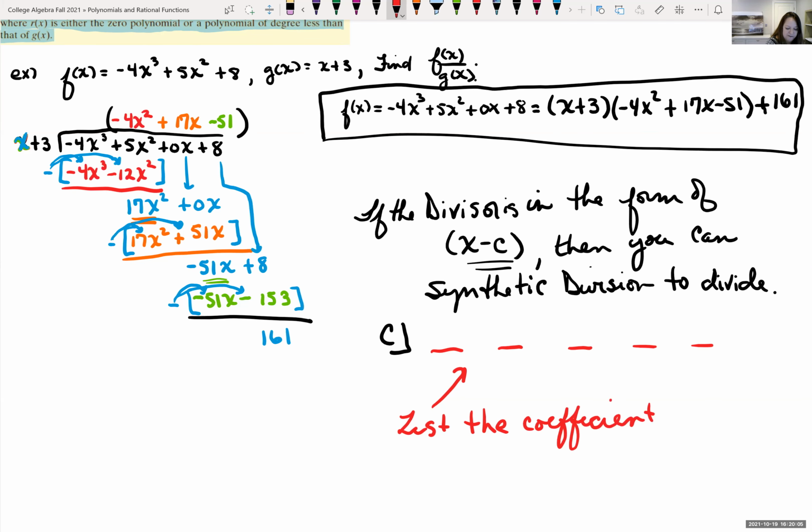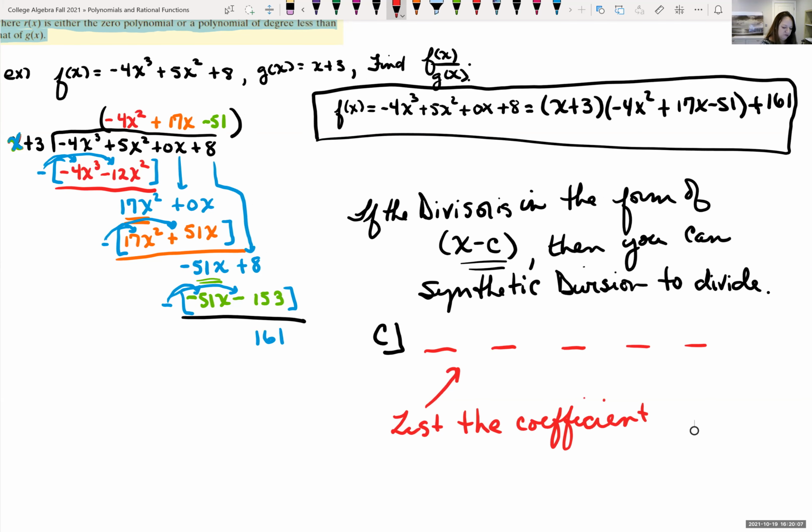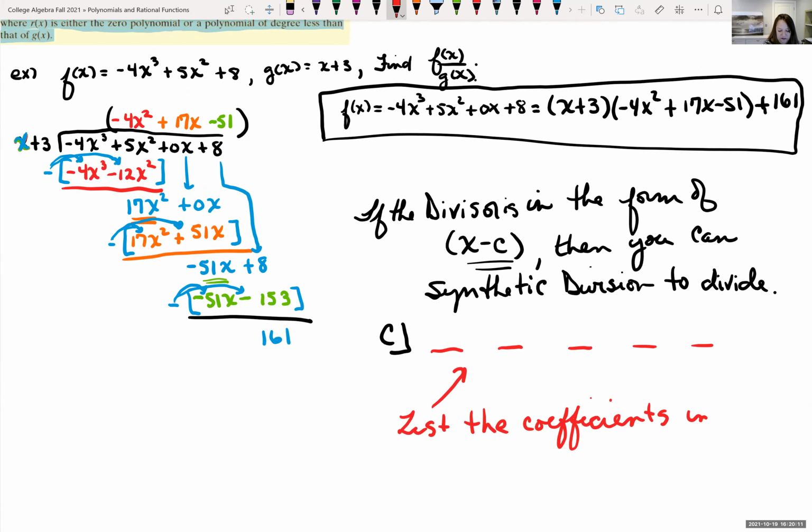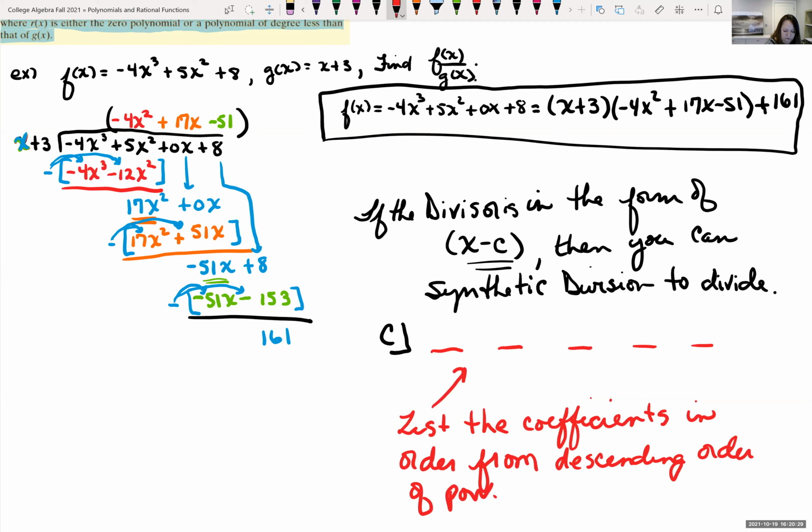So list the coefficients in order from descending order of power of the dividend.